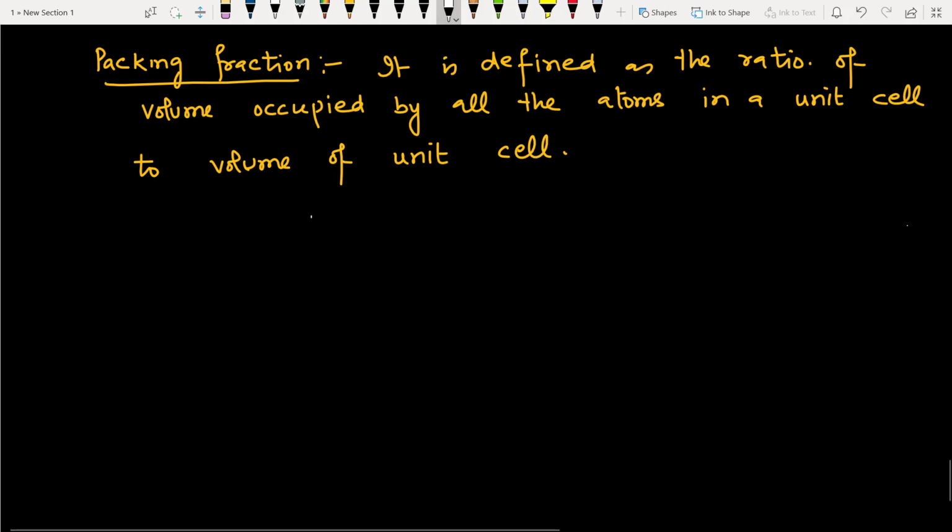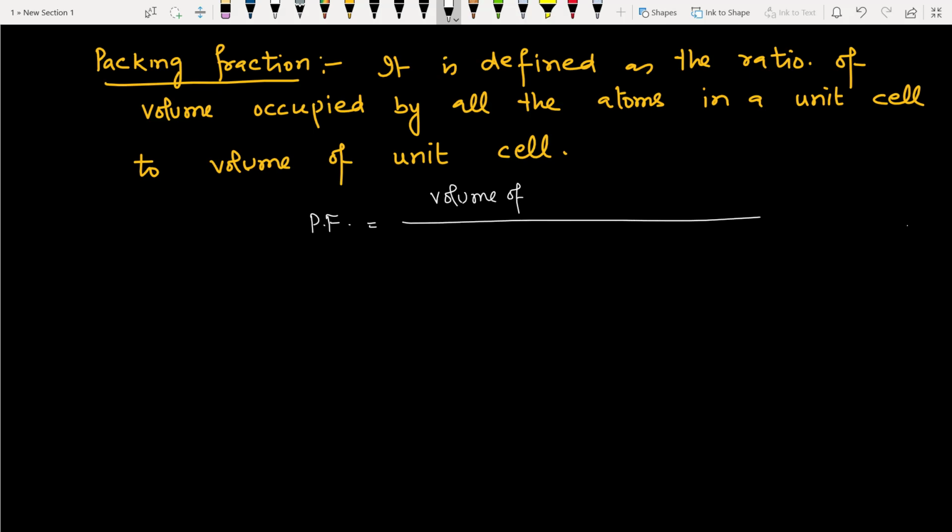So we write packing fraction by PF, it is equal to volume of atoms in a unit cell divided by volume of unit cell.